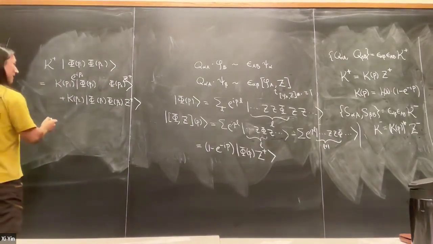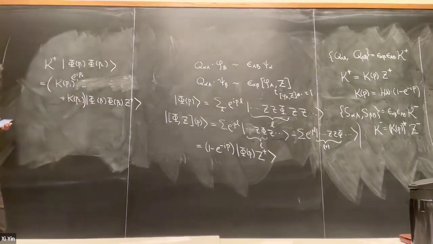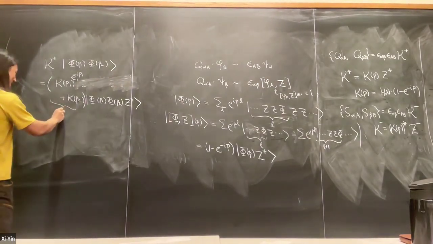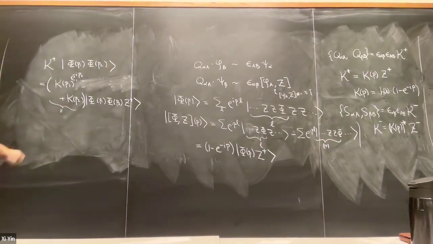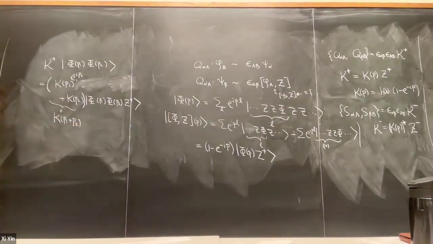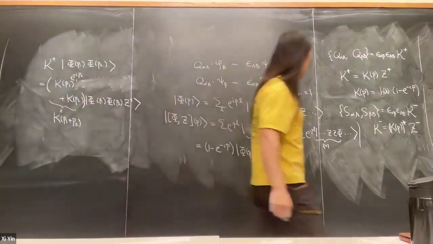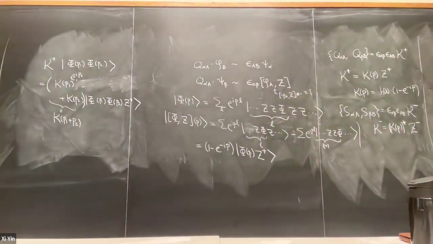So it's the same as K P1 times e to the minus i P2 plus K P2. And it's a little exercise you can easily do in 10 seconds. You see that this is equal to K of P1 plus P2. So K is not additive, but P is additive.